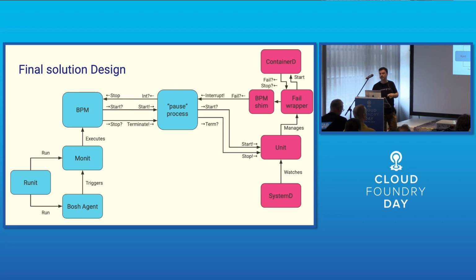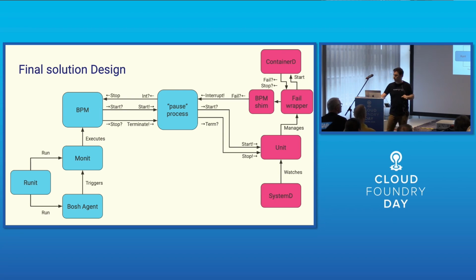Whenever containerd fails, it triggers an error on the BPM shim and interrupts the pause process, which stops running, and Monit sees that and is able to restart if that's the required behavior. So that's it, and it's working.